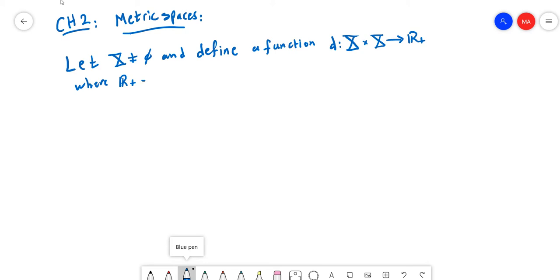R plus denoted to the set zero, infinity.